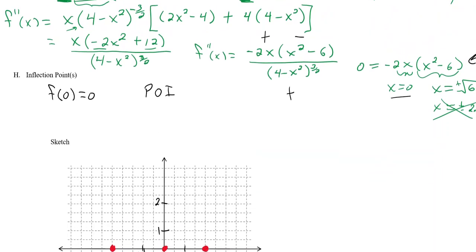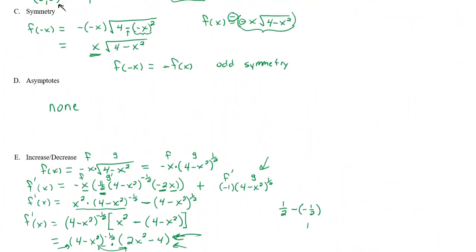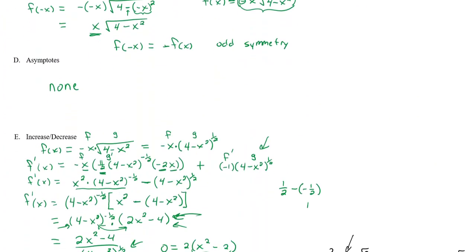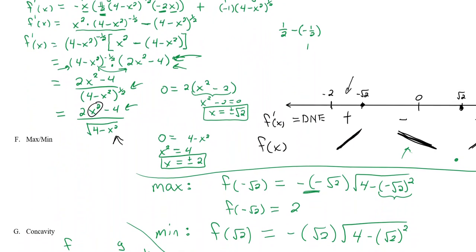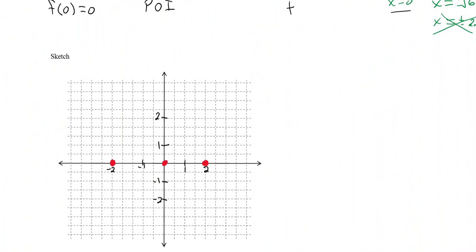And then what's next? Let's do our max and our min, maybe. So we know that we are going to have increasing and max and min here. We'll use those together. But our max point, we said, was at f of negative root 2 is at 2. So negative root 2 is roughly negative 1.4. Oh, you probably noticed that. I drew my 2 in the wrong spot.